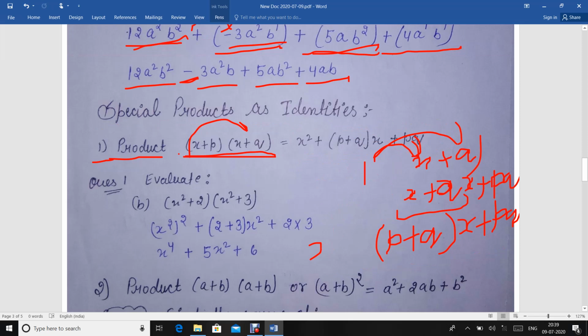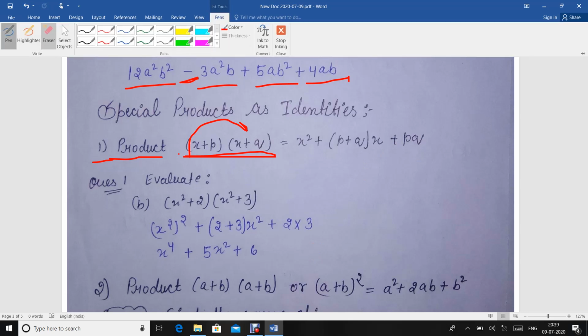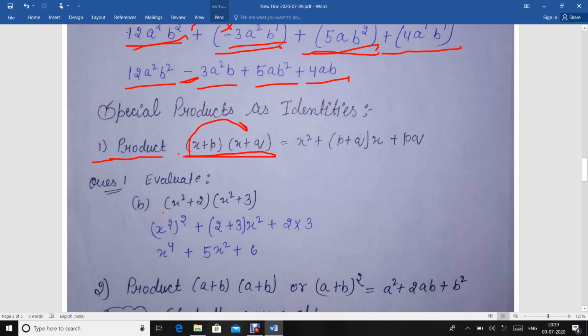Evaluate. Question number 1, evaluate (x square plus 2) multiplied by (x square plus 3). As you can see, this is in the form of (x plus p) into (x plus q). This is in the form of x plus p and this is in the form of x plus q.